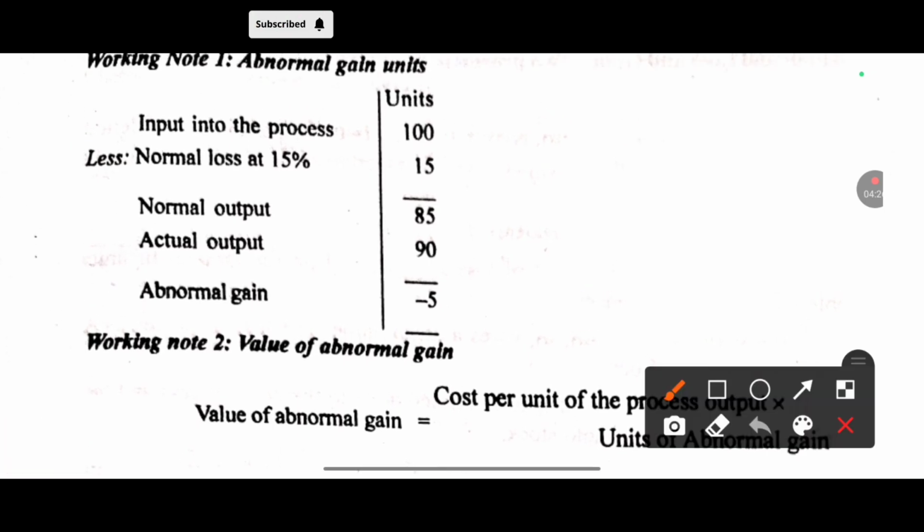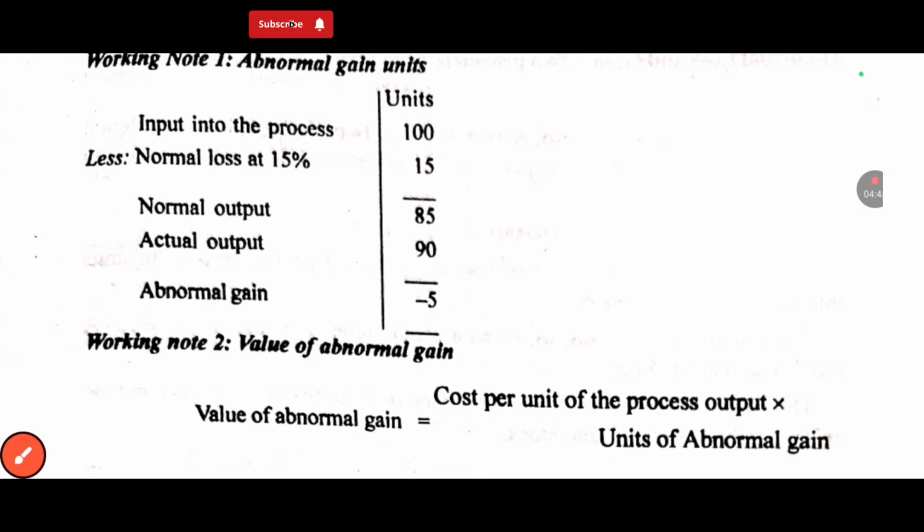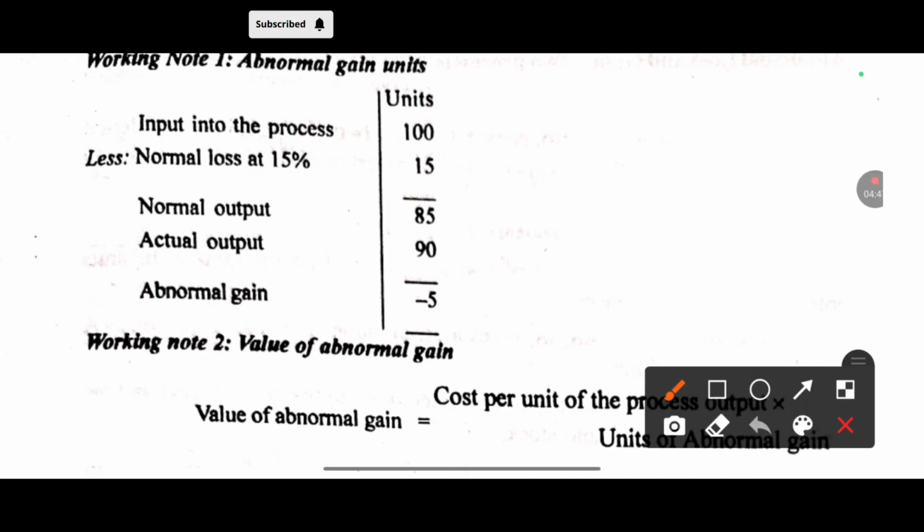Whether it is abnormal gain or abnormal loss, we have a format to find out. Look here: if normal output is lesser than the actual output, then it is called abnormal gain. Accordingly, the normal output we have is 85 units and the actual output given in the question is 90 units.